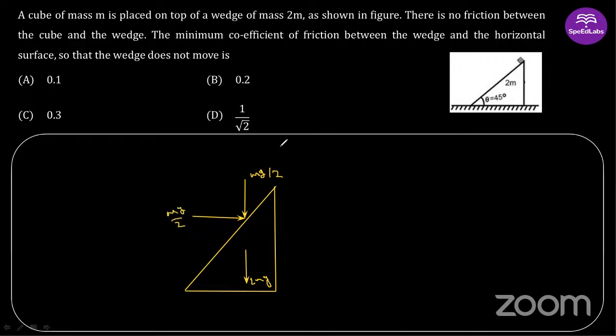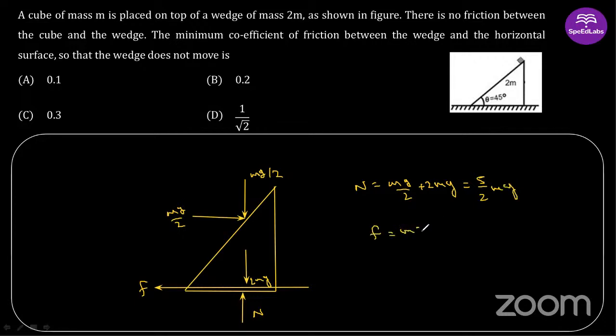Here the friction will act, but before friction there will be a normal force in this direction and a friction to oppose that mg by 2 in horizontal direction. So I am saying that normal should be mg by 2 plus 2 mg, that is 5 by 2 mg, and the friction should be mg by 2, so that it can oppose that.